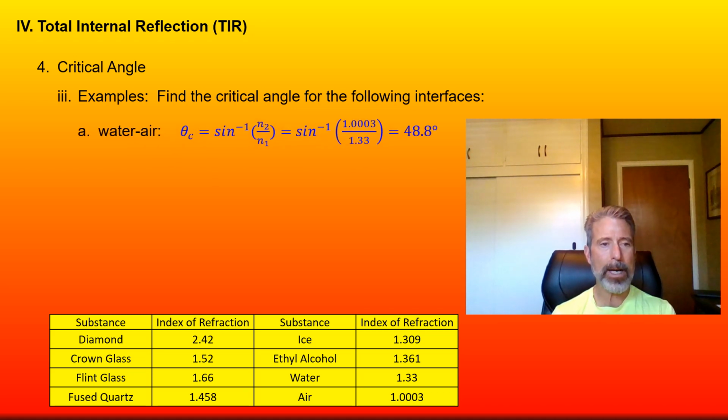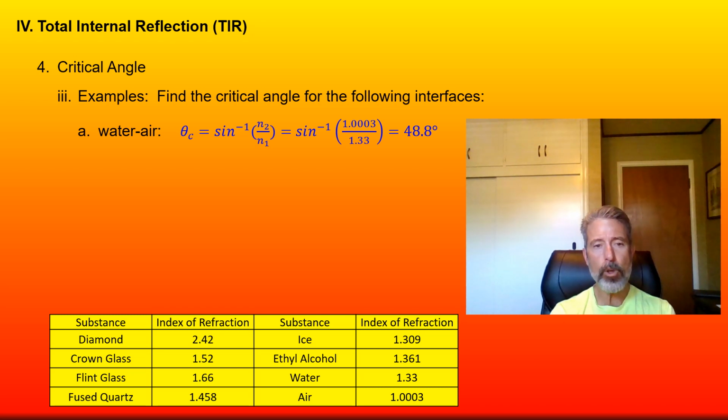Let's start by asking the question, what is the critical angle for water and air? Now remember that total internal reflection is only going to happen, in this case, for an incident ray that starts out in water and travels into air, only from a more optically dense medium to a less optically dense medium. And optical density is measured by the index of refraction.